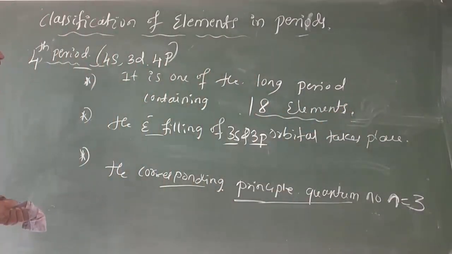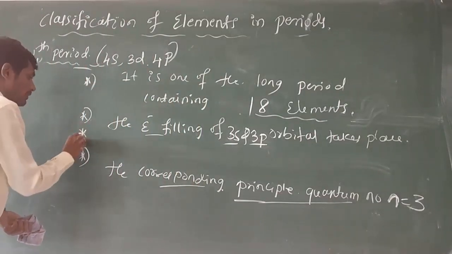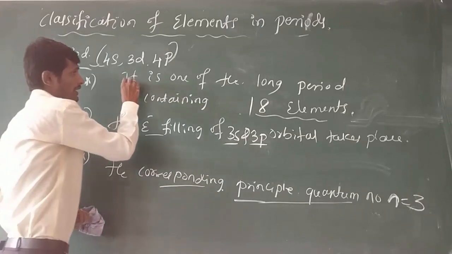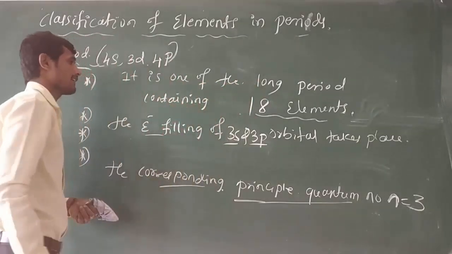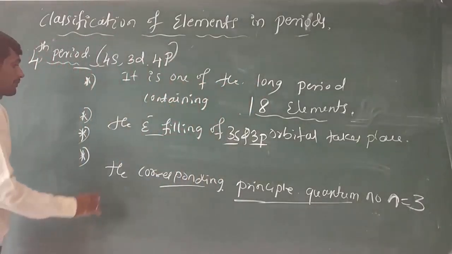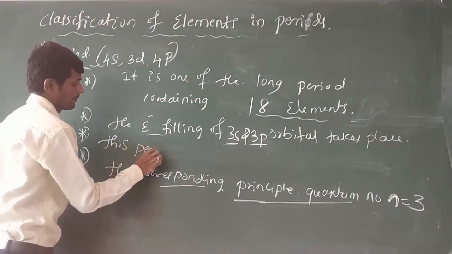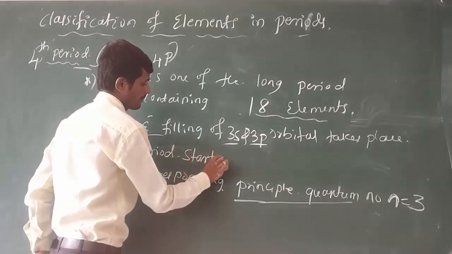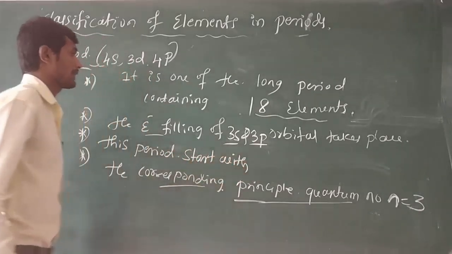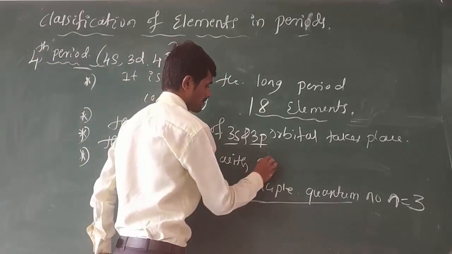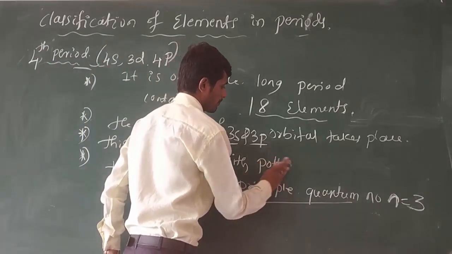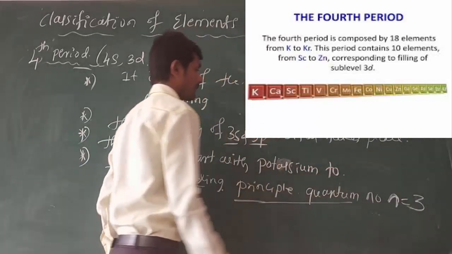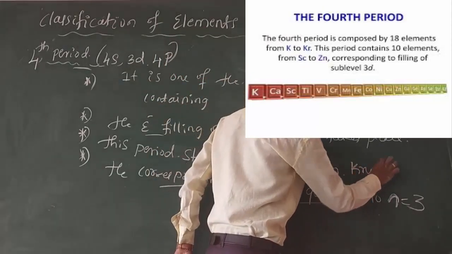In presence of fourth period, the first point is it is one of the long periods containing 18 elements. This period starts with which element? Potassium to krypton.